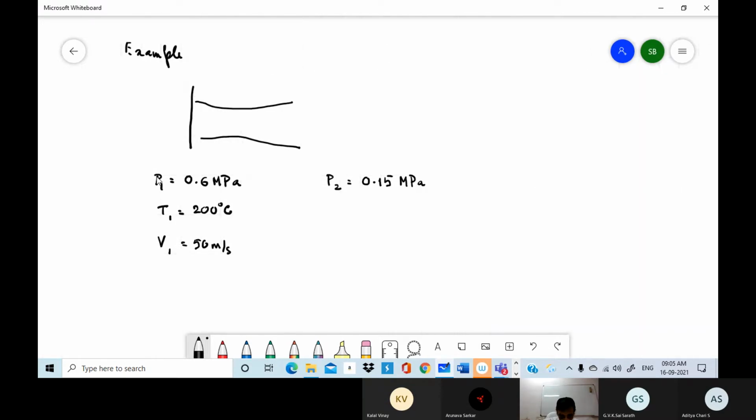The thermodynamic state here is specified by the two variables P1 and T1. If I know P1 and T1, then from the tables I can look up 0.6 megapascal, 200 degrees.